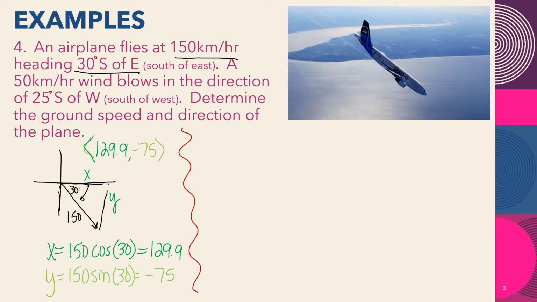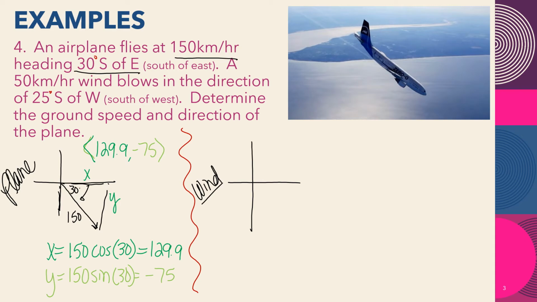All right, then our first one was the plane, and our second part is for the wind. So the wind is 50 kilometers per hour at 25 degrees south of west. Again, that is another direction angle.